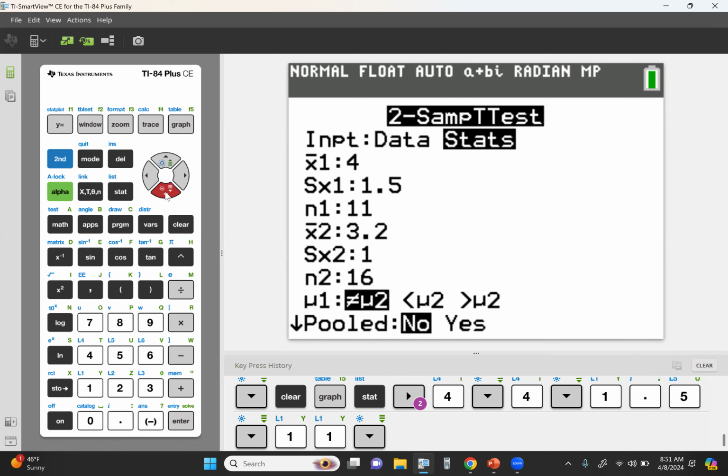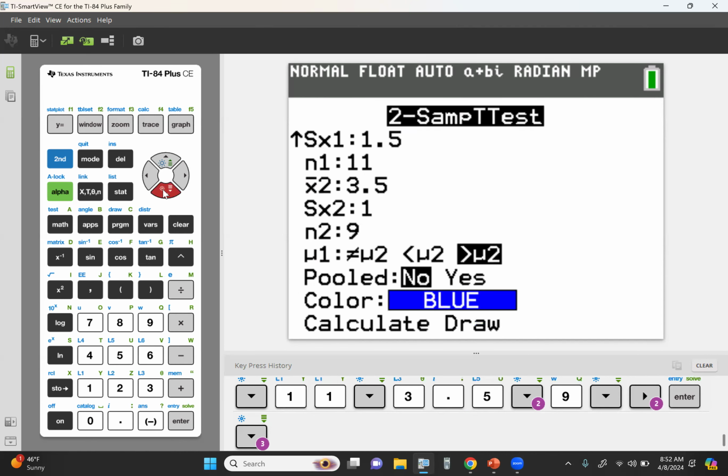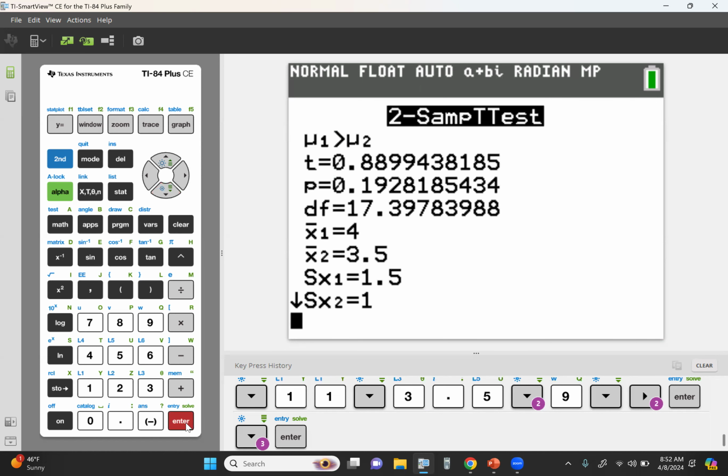College B was 3.5 with a standard deviation of 1. That was convenient. And the sample size was 9. And we're interested in where mu1 is bigger than mu2. That's what we're testing. So highlight greater than and hit enter. We're not going to pool the variances, and we're going to calculate.